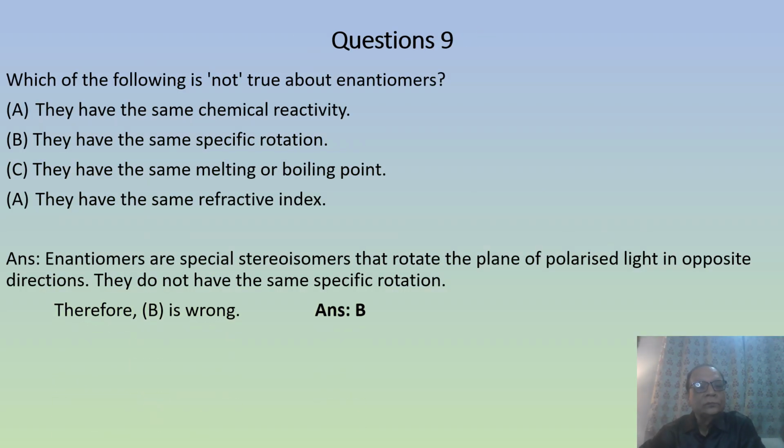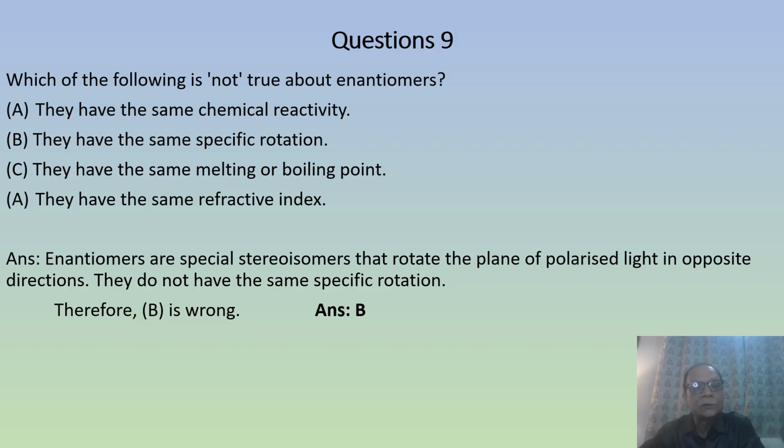Question 9. Which of the following is not true about enantiomers? The answer is B. Enantiomers are special stereoisomers that rotate the plane of polarized light in opposite directions. They do not have the same specific rotation. So the answer is B, and that B is wrong.